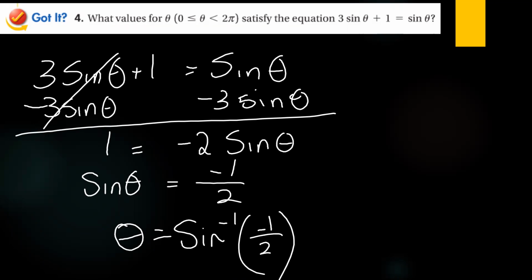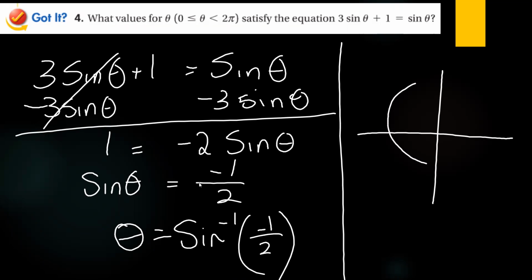To solve the equation, I need to find theta. As I told you, we use the inverse trigonometric functions, then we use the unit circle. We know that sine of 30 is half, but I need negative half.